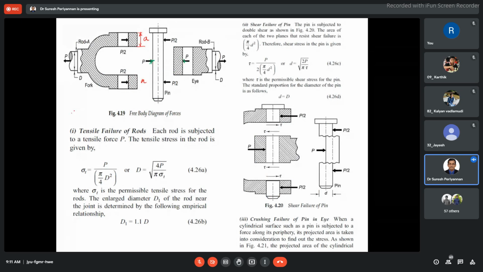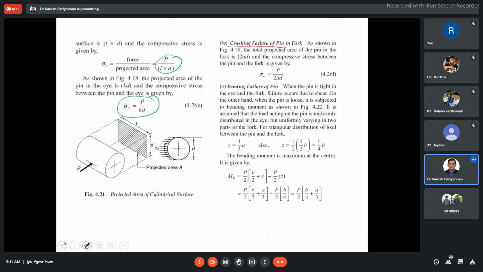Then I can take 2A into D, because the pin is engaged in this region. Here compressive, here compressive. Then P by 2AD is the crushing failure of the pin within the fork end. Okay, now P by 2AD.